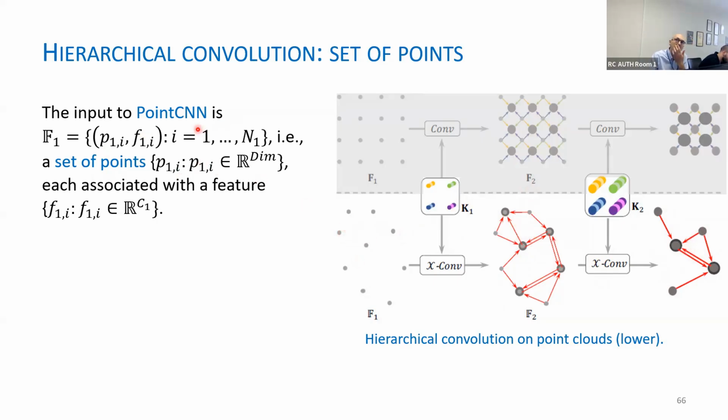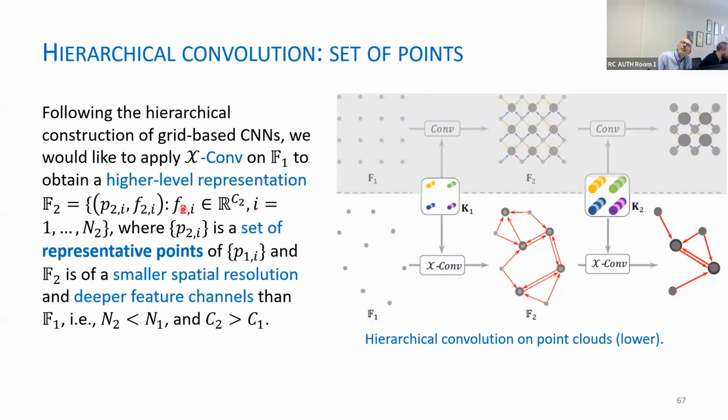Formally, the input is given by this set of N1 points with their features. Each point has a dimensionality in the space D, so this could be the X, Y, and Z dimensions in 3D, and the feature instead is in the C1 feature space. This XCombo operator that they define is applied on the original set.